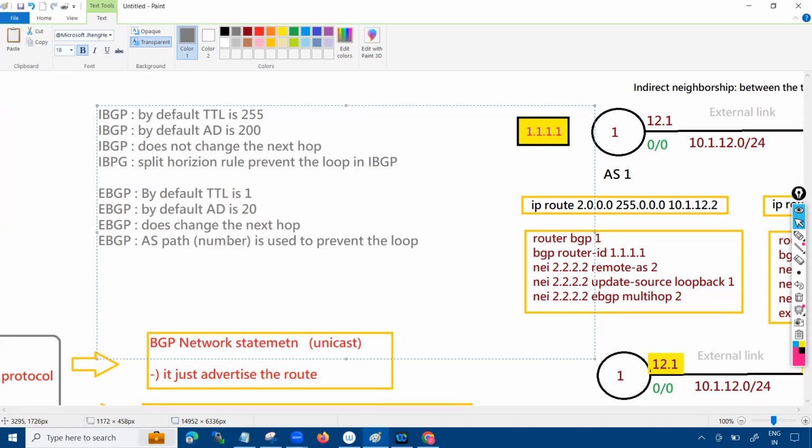I just mentioned the number in the bracket so that the path is called as a number, right? I just mentioned the path over there, but don't say the number in the interview. Just remove it. AS path is used to prevent loops. We'll see that, guys, don't worry. Whatever you know right now is only the TTL value and AD value. The remaining two, the next hop and the rules behavior like split horizon and AS path, we'll cover tomorrow, right?